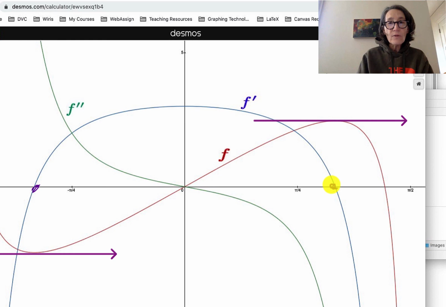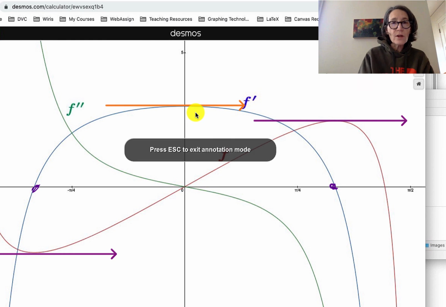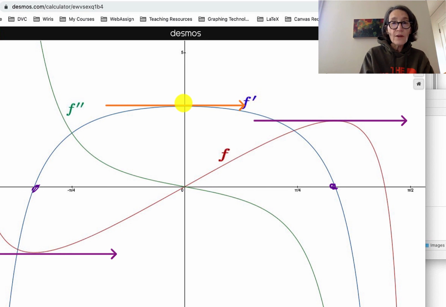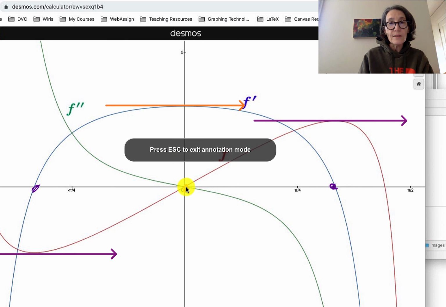Now look at the graph of f prime. It has a horizontal tangent line right there when x is equal to 0. And look at its derivative, the green curve, f double prime, that's the derivative of f prime. It goes through the x-axis there. Also notice that if you look at the slopes of the tangent lines to f prime from x equals negative pi over 2 all the way to 0, the slopes of the tangent lines are all positive.